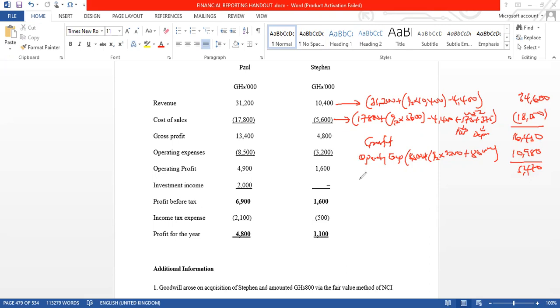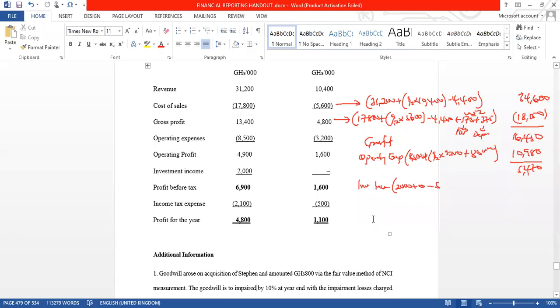All right. Investment income. There is none here. Normally, we don't have such. All right. So 2,000 plus what? 0 minus the 500. Was it 500? Let's look at it. I think we had something like 500.